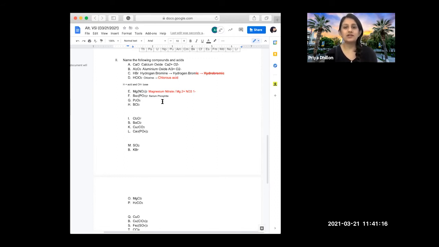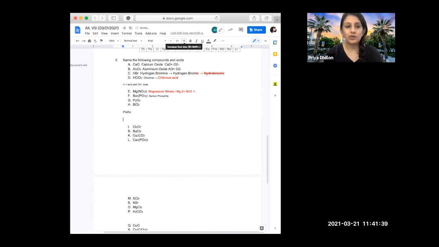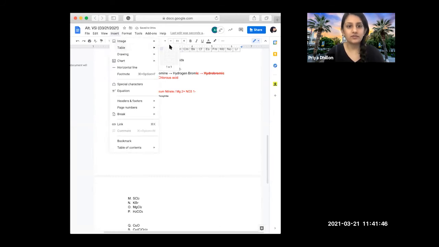Okay, do you guys remember the prefixes for 1 through 10? Let me create a table so it doesn't interfere with the formulas.